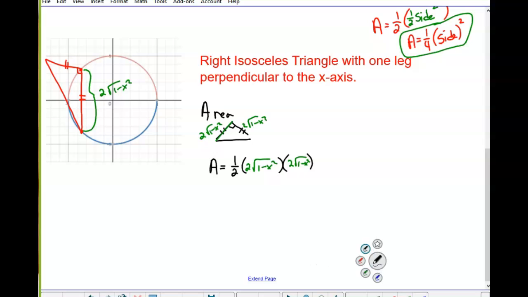So technically, if the base and the height are the same thing, you could just square it right away, right? If you want a formula, some people like it. If it's that case, it's just your side length squared times 1/2. And we didn't have to generate that, that just kind of naturally came up.